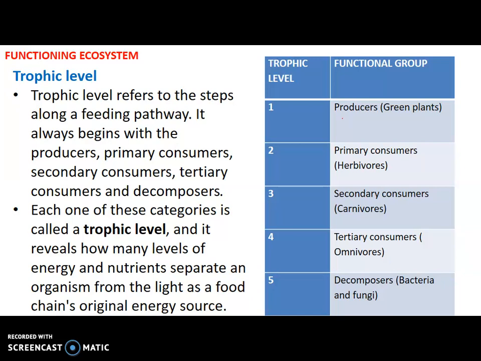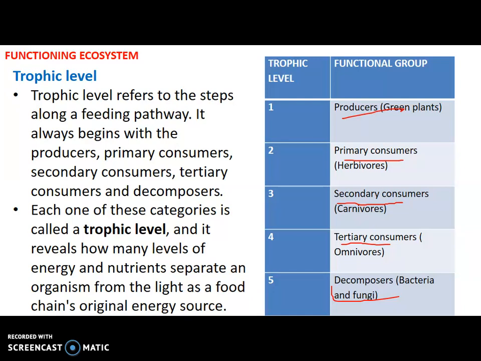We have the first one as the producers, the second as the primary consumers, the third as the secondary consumers, the fourth as the tertiary consumers, and the last one as the decomposers. Now, these 5 steps in this trophic level will show you the gap or the levels that separate the decomposers from the producers.